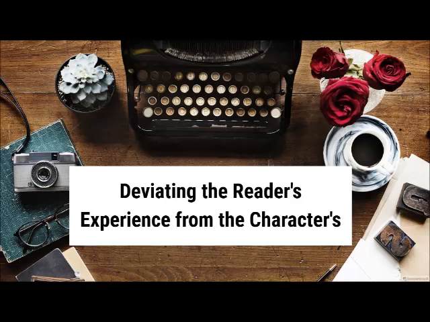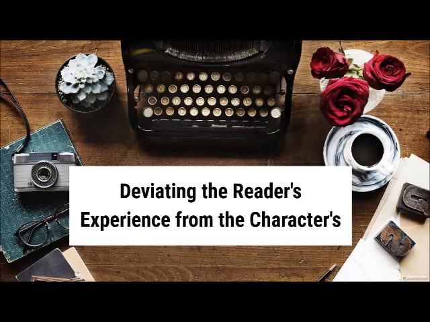So there you go. Those are 6 situations where you may not actually want your audience to feel the same way as your character. With that, here are some ways to break the rule. There are, as far as I've discovered, 3 ways to deviate your audience's experience from your character's experience, which is subtext, tone, and summary. Subtext leads the audience to come to a different conclusion than the characters, which leads the audience to feel differently than the characters.